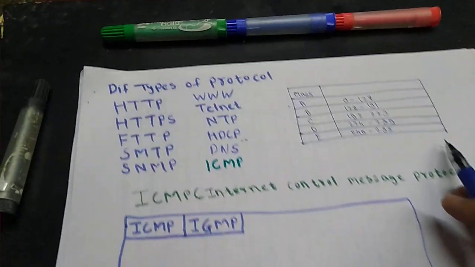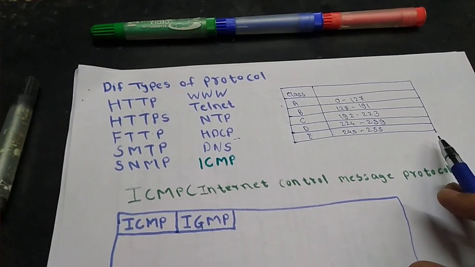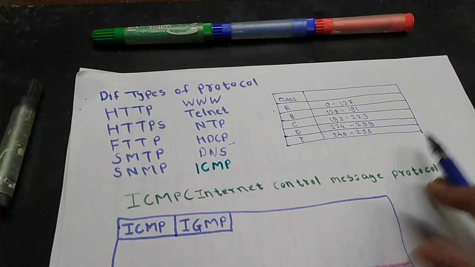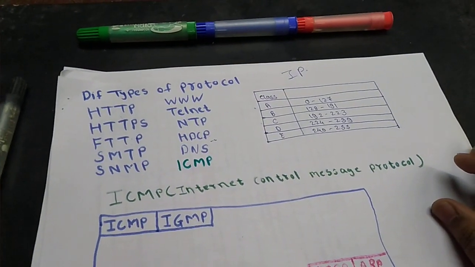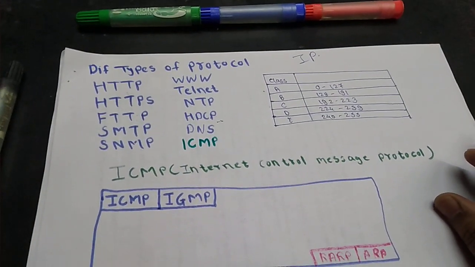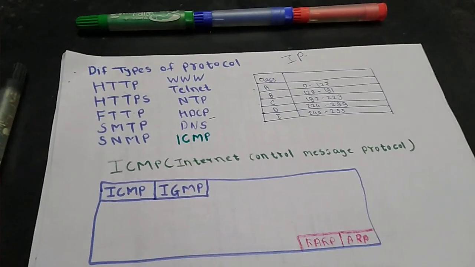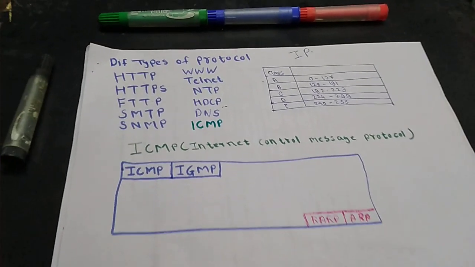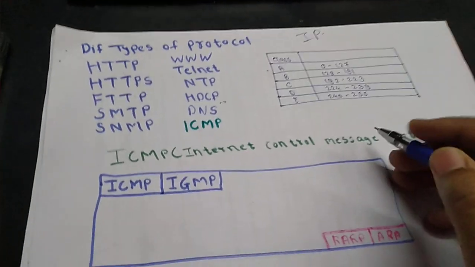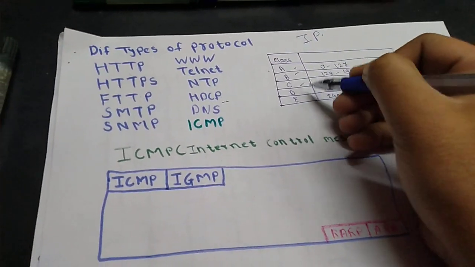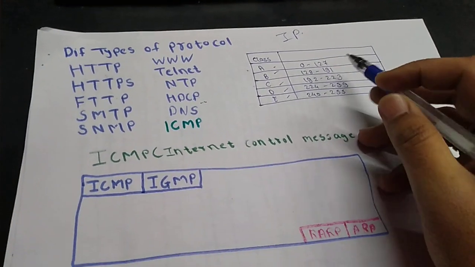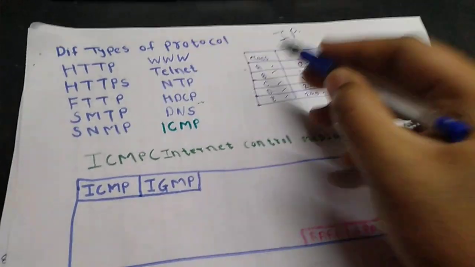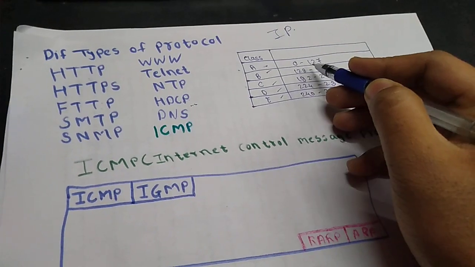In networking there are IP addresses. An IP address is an address that defines your network computers. There are different classes: A class, B class, C class, D class, E class. In the classes there is a particular range. Like A class, there is 0 to 127.